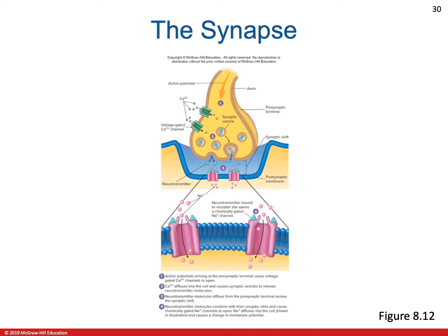So this is the model of your synapse, the synapse of one nerve cell to another nerve cell. This is the axon, this is your presynaptic terminal, and this is your postsynaptic membrane. Of course, the space in between is your cleft.